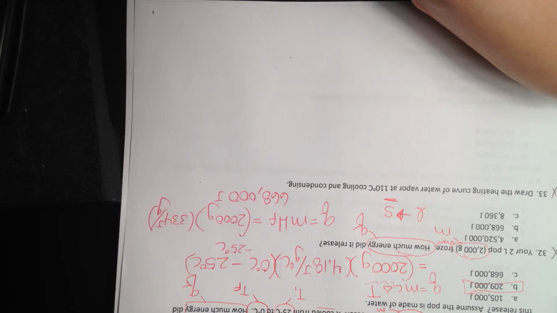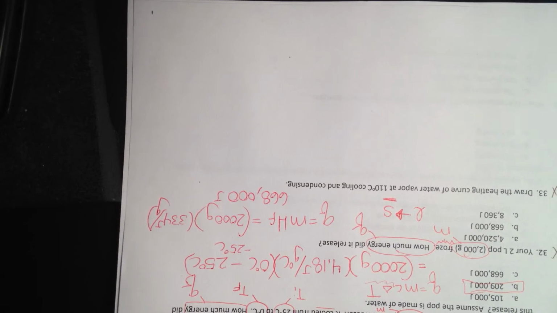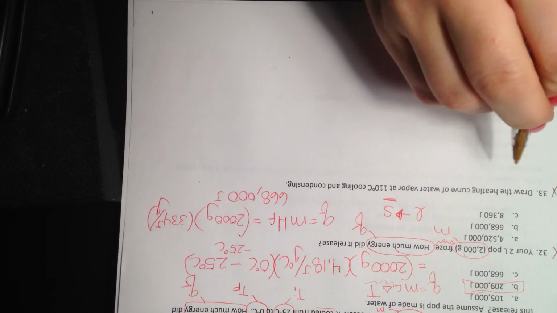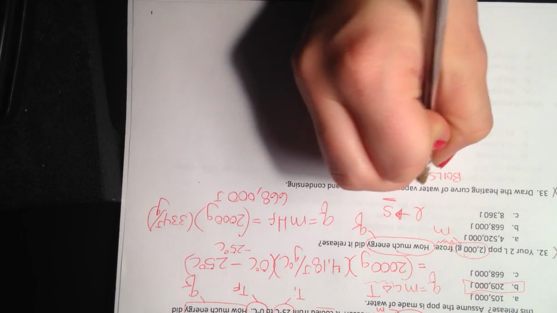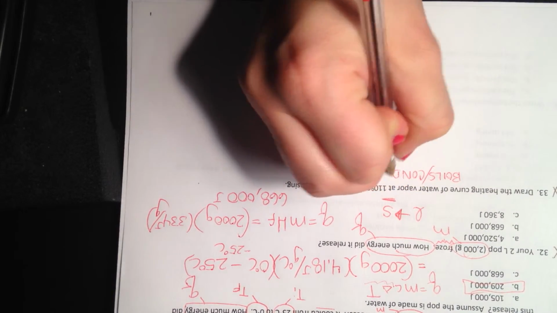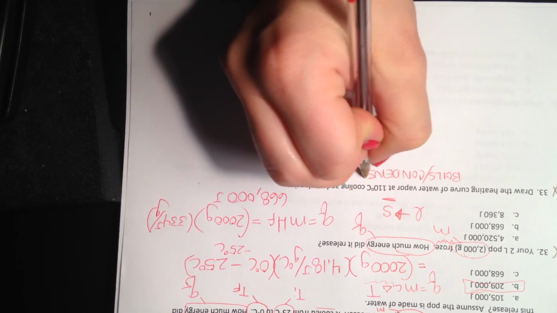The last problem. Now, there's not really any math involved. But you guys do need to know the temperatures at which water boils and condenses, as well as freezes and melts.